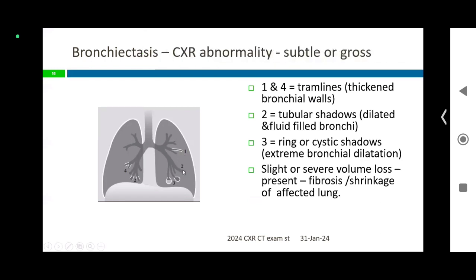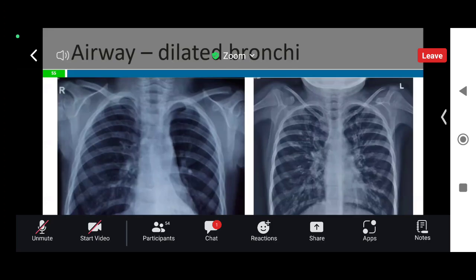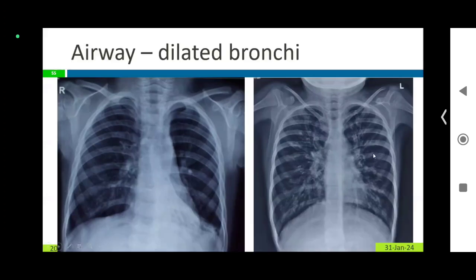Okay, you can have tubular shadows, dilated and fluid filled bronchi, or you can have ring shadows or cystic shadows, or you can have volume loss due to fibrosis or shrinkage of the lung. So look at this bronchial wall thickening, but you have some mucus in the dilated bronchus, bronchocele, mucocele, this is what we call. But you know, this is not a normal X-ray. If you're able to understand that, that is fine.